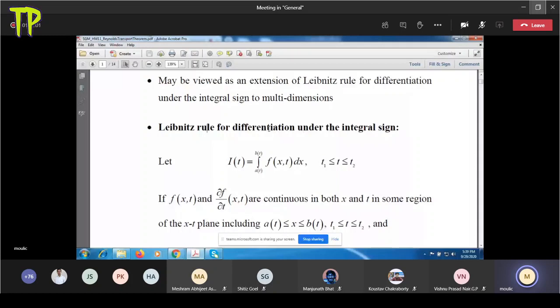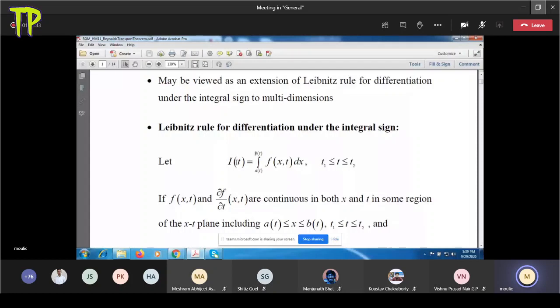Suppose I have a function of x and t, one space dimension and time. You're looking at this integral with respect to x from a time dependent lower limit a(t) to a time dependent upper limit b(t). The function that you're integrating is a function of two variables x and t. But after you integrate and plug in the limits, the x dependence disappears and it becomes a function only of time, so I've written the integral as I of t.